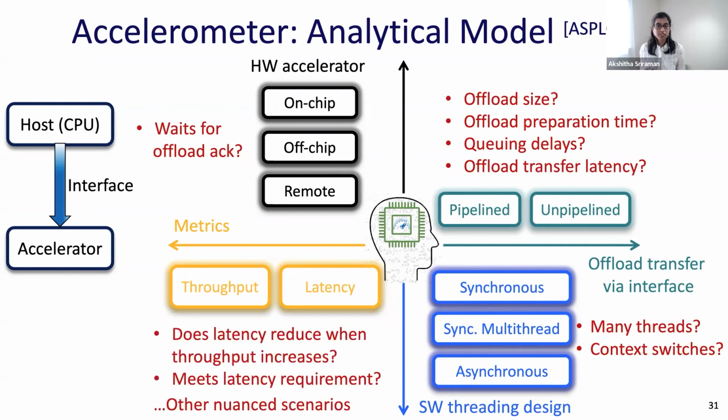So we can also use Accelerometer to model throughput improvements while ensuring that even if the latency becomes worse, its constraints are still met, which is one of the most important criteria to consider for data center applications.